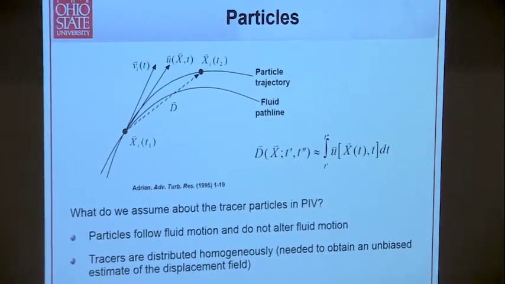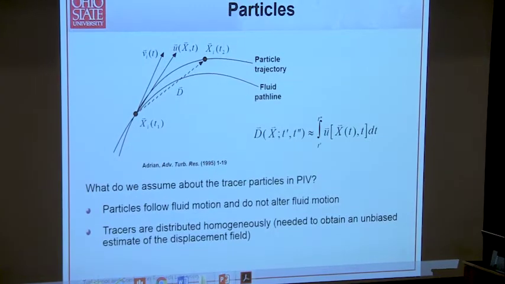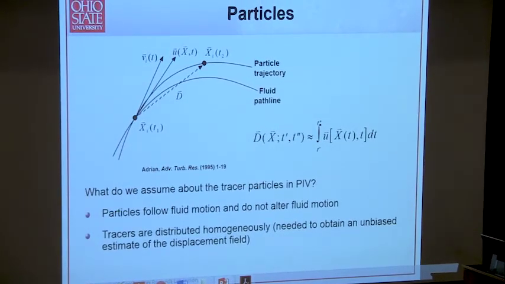We assume that the tracers are distributed homogeneously. Okay? Now, I don't know about you, but that's an extremely difficult thing to do, right? You run flow through a seeder and then it goes out into your flow in your combustor. It's very difficult for you to have a perfectly homogeneous distribution of particles. Okay?